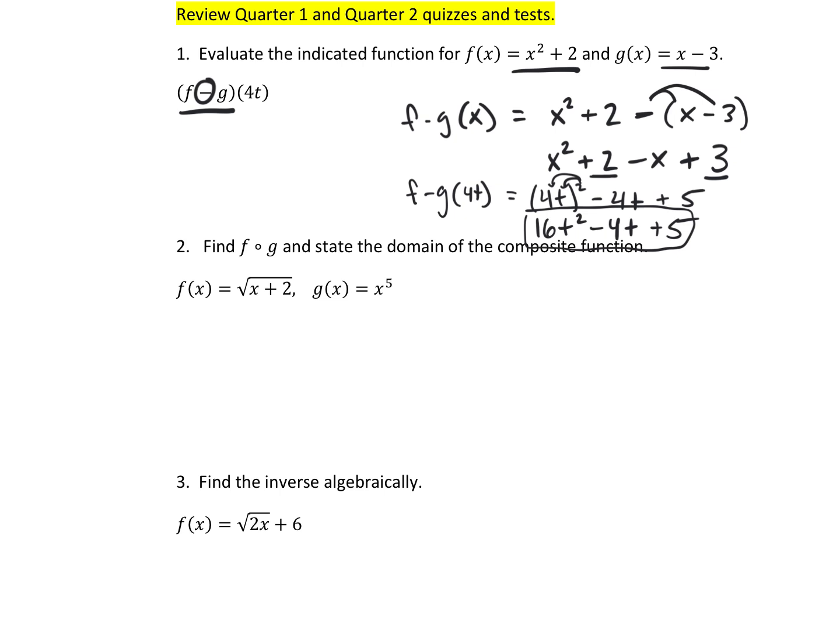For number 2, f of g, so we're going to take g and plug it into f. So you always take the second one or the one on the inside, put that inside your other function. So I'm going to take g and plug it into the x in f. So f of g would be the square root of x to the 5th power plus 2.